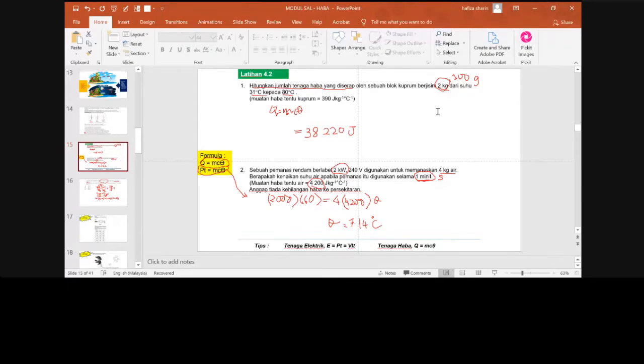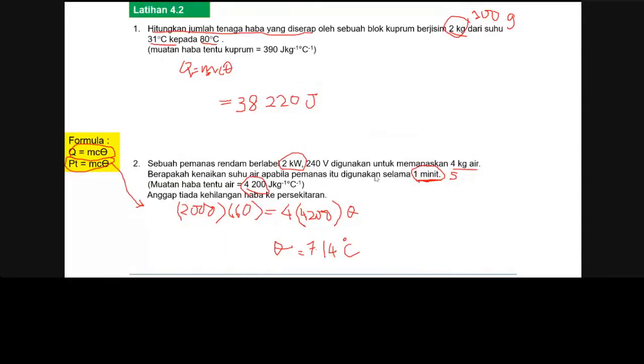Question 1 is just Q equals mc theta straight away. The mass is 2 kg. The specific heat capacity is 390. Theta is the change in temperature, meaning from 31 to 80, you subtract 80 minus 31. Theta is the change in temperature, how much the temperature changes, the difference in temperature.